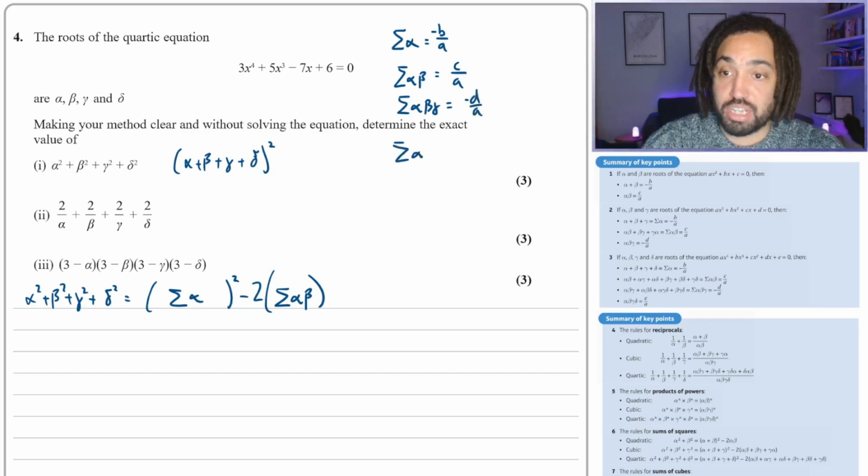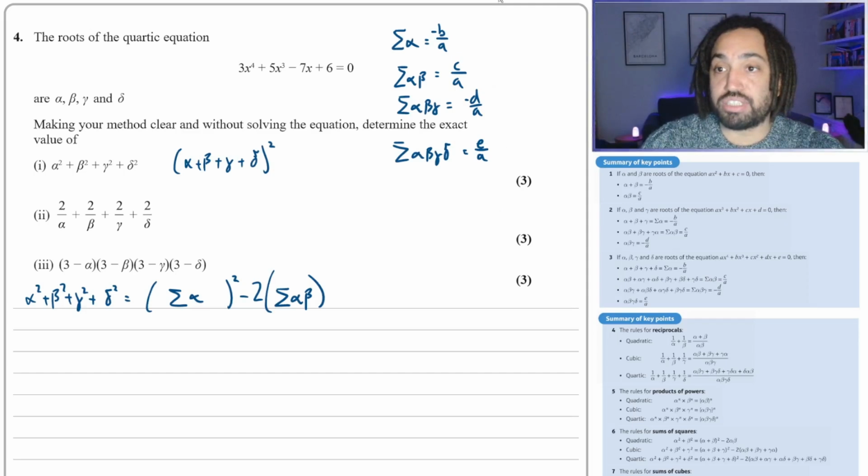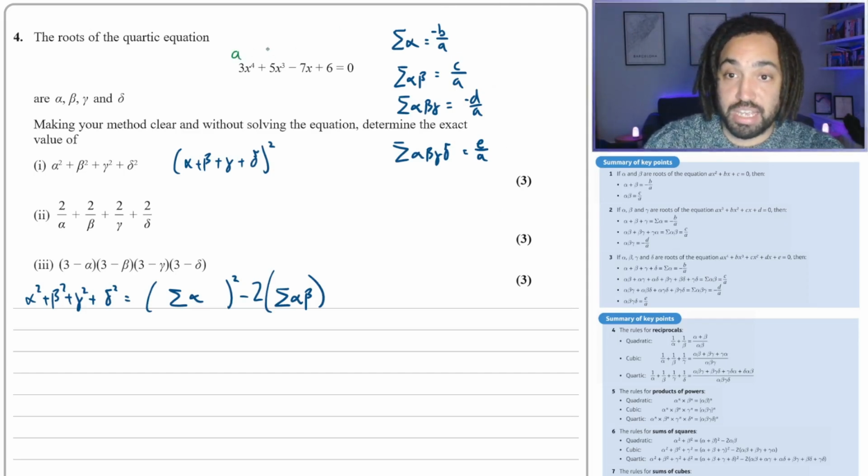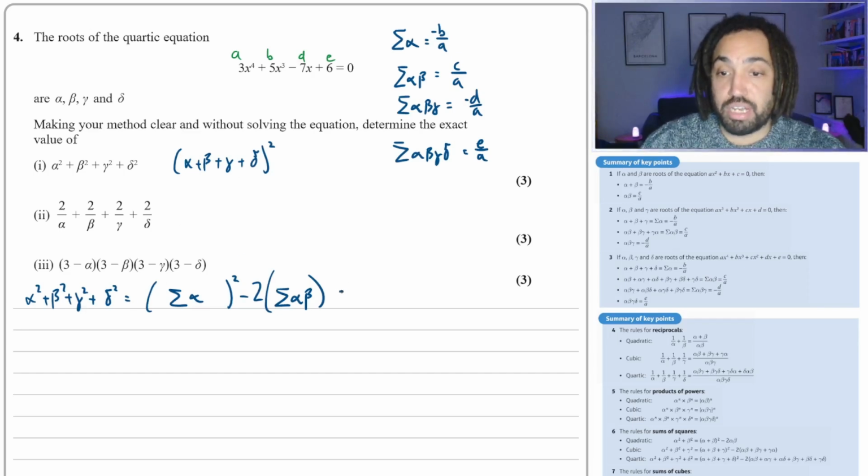And finally, all of them multiplied together is equal to e over a. Okay, and just so we don't make any mistakes, this is a, this is b. There is no c because there's no x squared term, so this is d and this is e. Right, we should be good to go now.